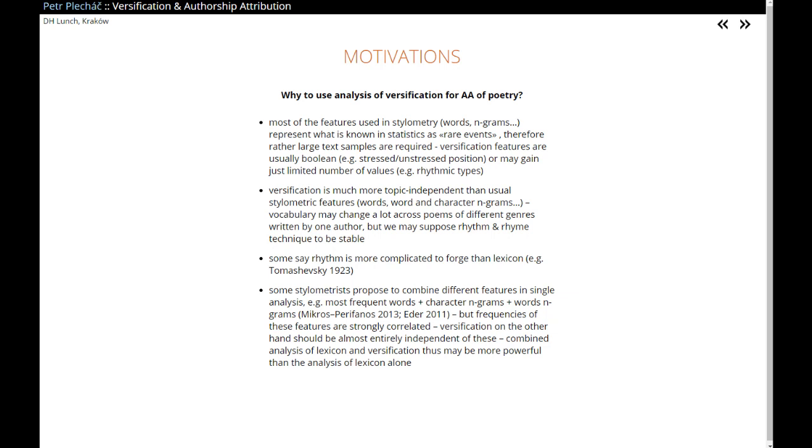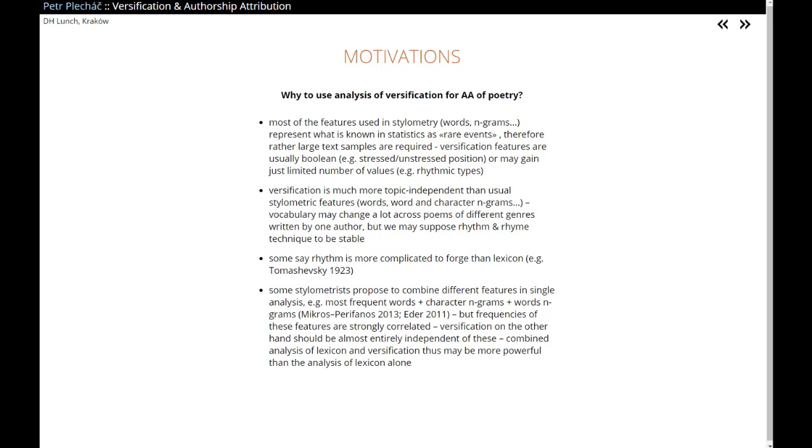But versification features are usually Boolean, 0 or 1, true or false. For instance, in meter or in rhythm, we distinguish simply a stressed position and an unstressed position, at least in accentual verse such as Czech.